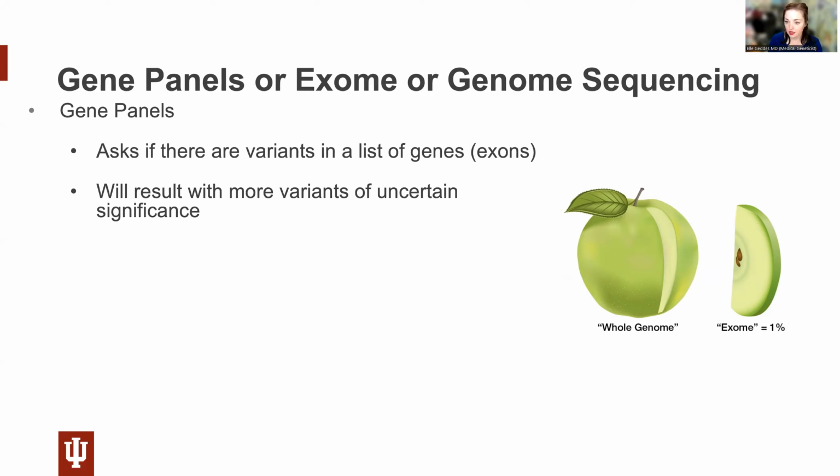And so to answer that question, especially if we're looking at 100 or more genes, you would expect to get at least one variant of uncertain significance. So that test is likely to come back abnormal or with a mutation that might actually not be a diagnosis or be important to your child's health.